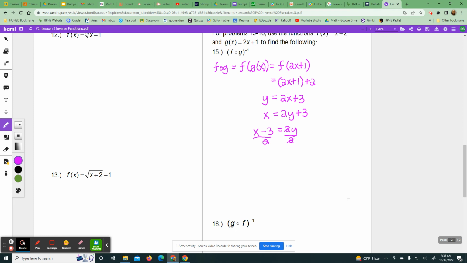So I end up with this being the inverse. Okay, so I'm going to write the notation that F composition G inverse equals x minus 3 over 2.